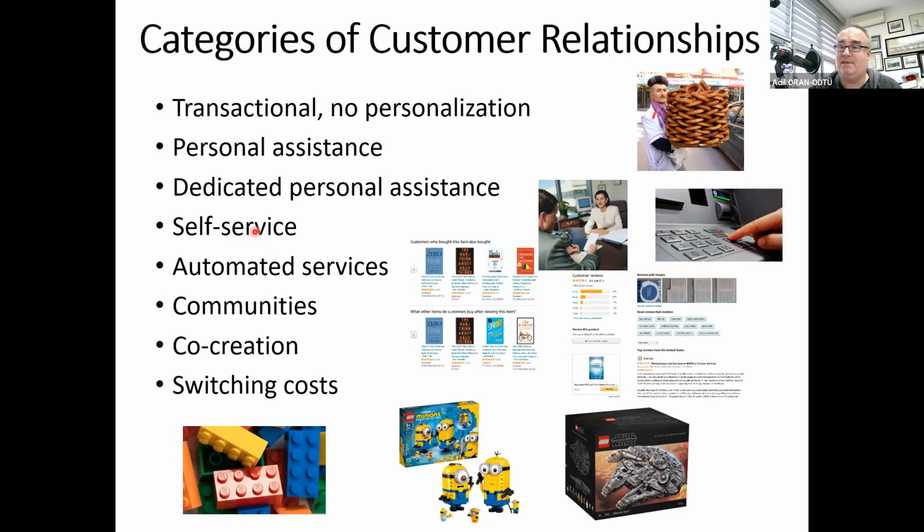You have full service gas stations in some places where the employees take care of everything about your car, about putting gasoline, about taking the money and so on. But you also have some places which are totally self-service. You walk in, you pump your own gas, you pay for it with your credit card and so on. So the cost to the organization is usually much lower when they can have you do a lot of the work yourself.